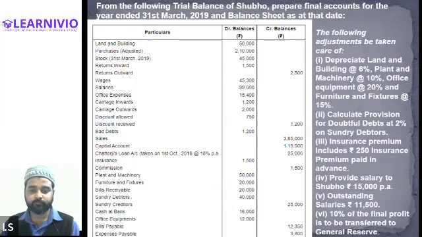That means it's been 6 months since we have taken this loan. So we will have to calculate interest at the rate of 18% per annum on this particular amount.